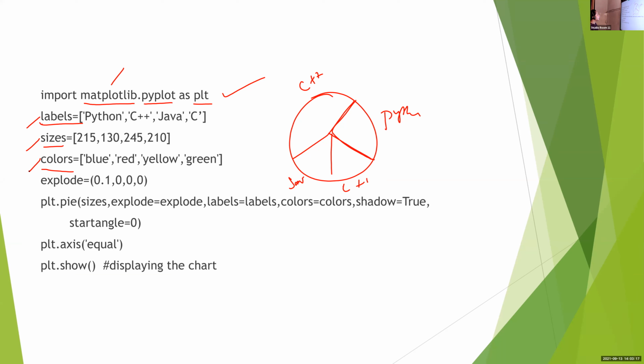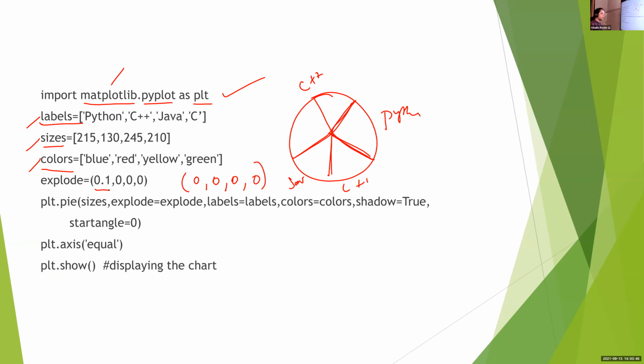Then after that, explode is used to pull out some portion. The normal value of explode is 0, 0, 0, so there is no pulled-out section, and all portions are just like a circle. If I want to pull out the first portion, I give 0.1 here.